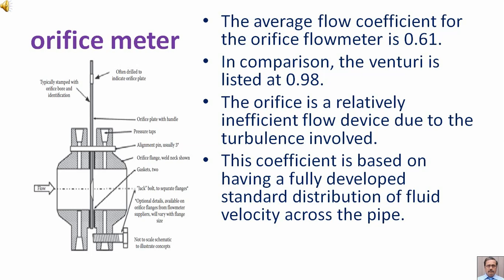The orifice is a relatively inefficient flow device due to the turbulence involved. The coefficient is based on having a fully developed standard distribution of fluid velocity across the pipe.